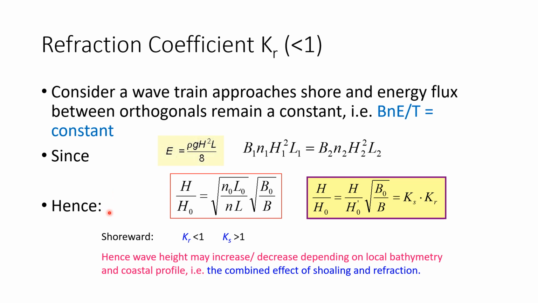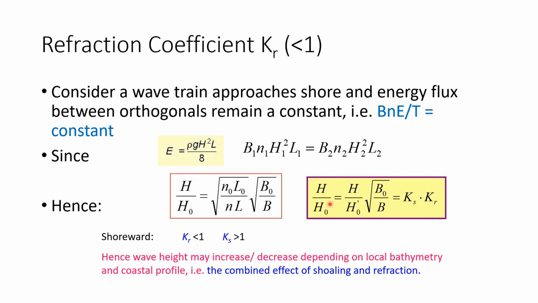We have H over H naught on the left-hand side. We have the shoaling coefficient on the right-hand side, but now we have one additional term, which is the square root of B naught over B. If we simplify this expression, H over H naught is equal to this part, which is the shoaling coefficient, and this part, which is the refraction coefficient.